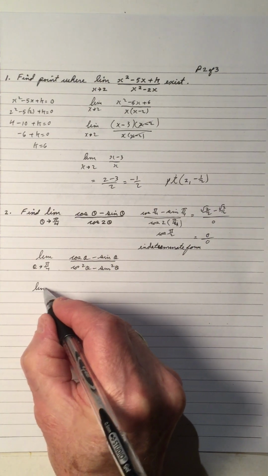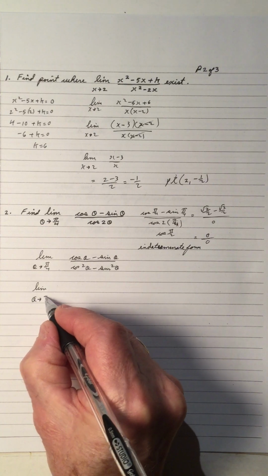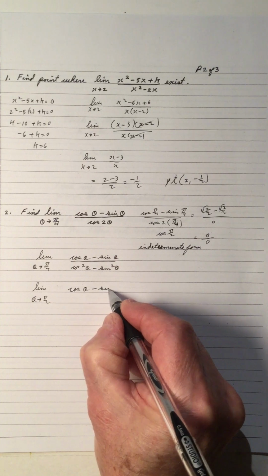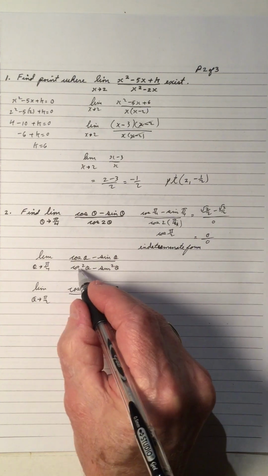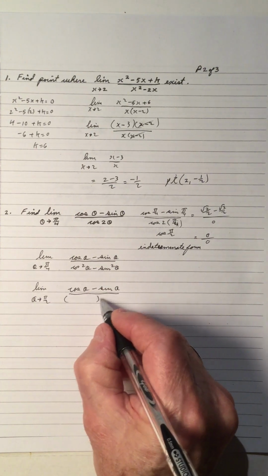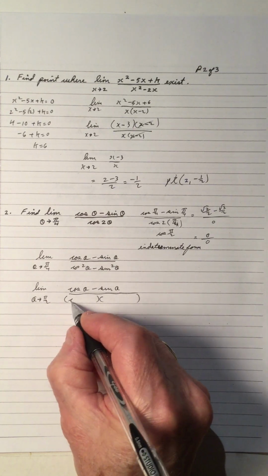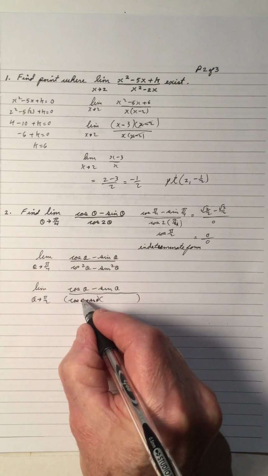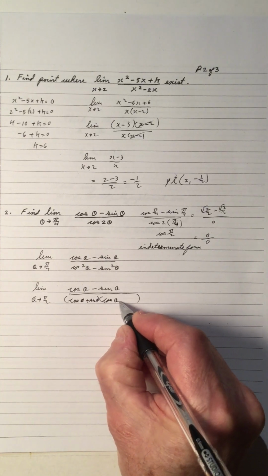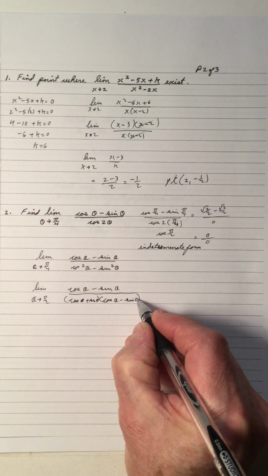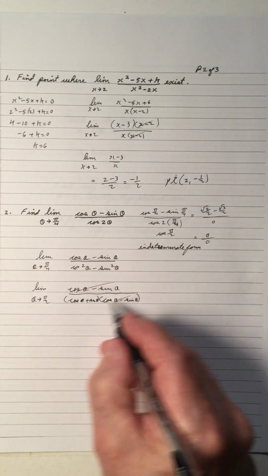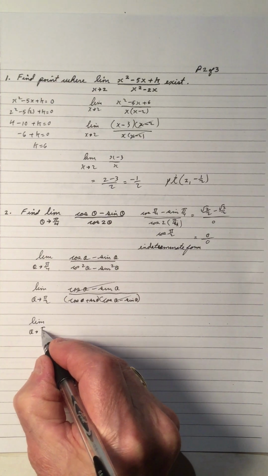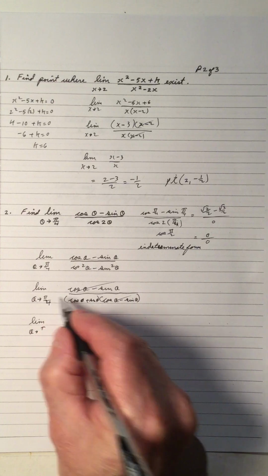So the limit as theta approaches pi over 4, this is a difference of two squares, so this is cos theta plus sine theta, and cos theta minus sine theta, and this cancels out, so I get the limit as theta approaches pi over 4.